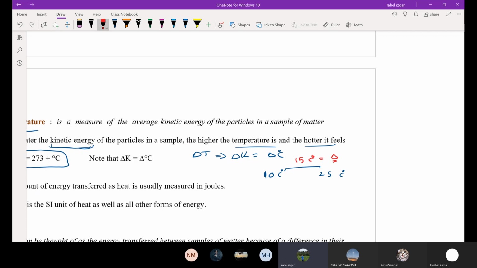All right. Let's convert this Celsius to Kelvin. 10 Celsius in Kelvin is equal to 283 Kelvin. 25 Celsius is 298 Kelvin.